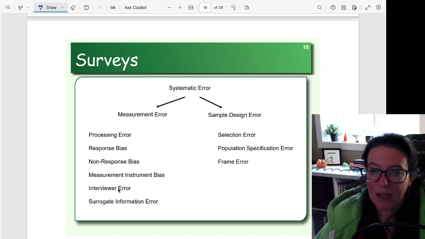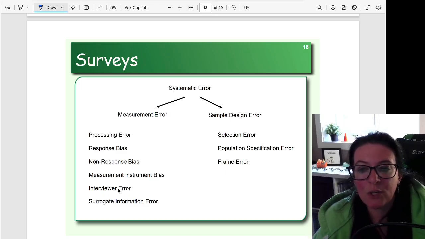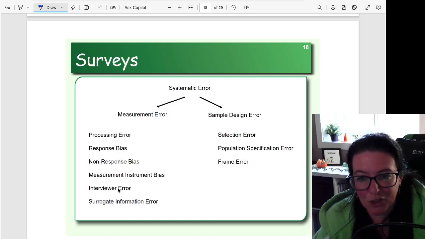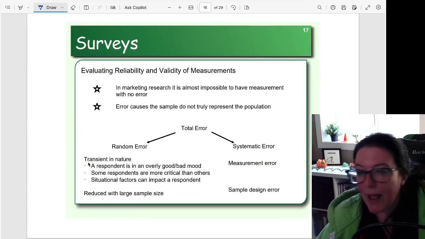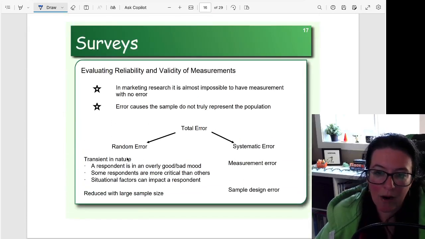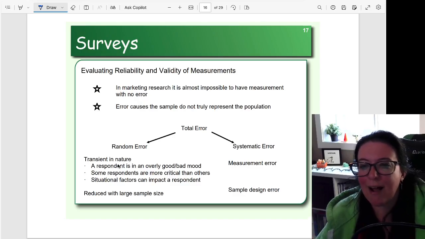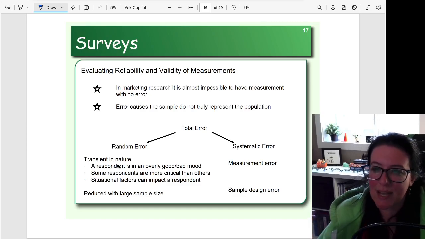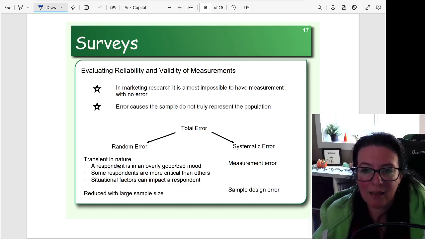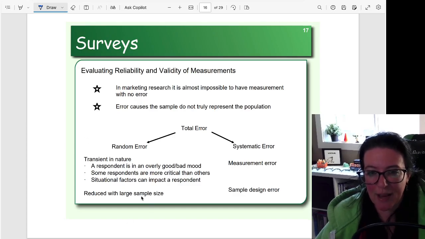Measurement error comes from the tools you're using not giving you the information that you're after. There is a third type of error, which is the random error. And random error comes from overly optimistic, overly pessimistic, unique things to individuals that might be situational, and that can be resolved with having a large sample size.